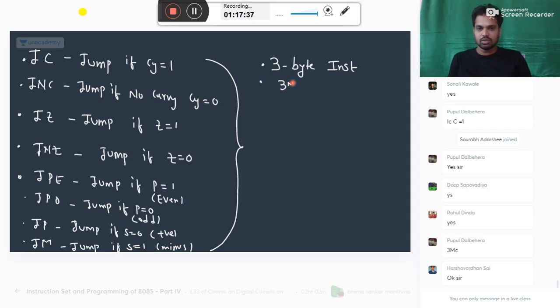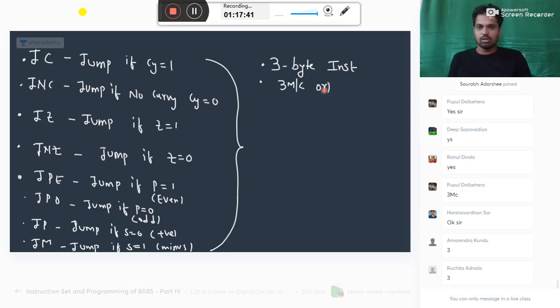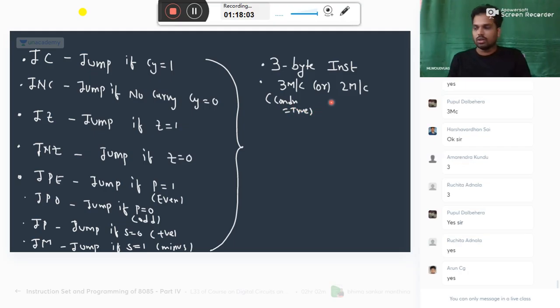But there is a different case: 2 machine cycles are also possible. Here, it will not jump every time. It will jump only when the condition is true. This is if the condition is true. Here, if the condition is false.